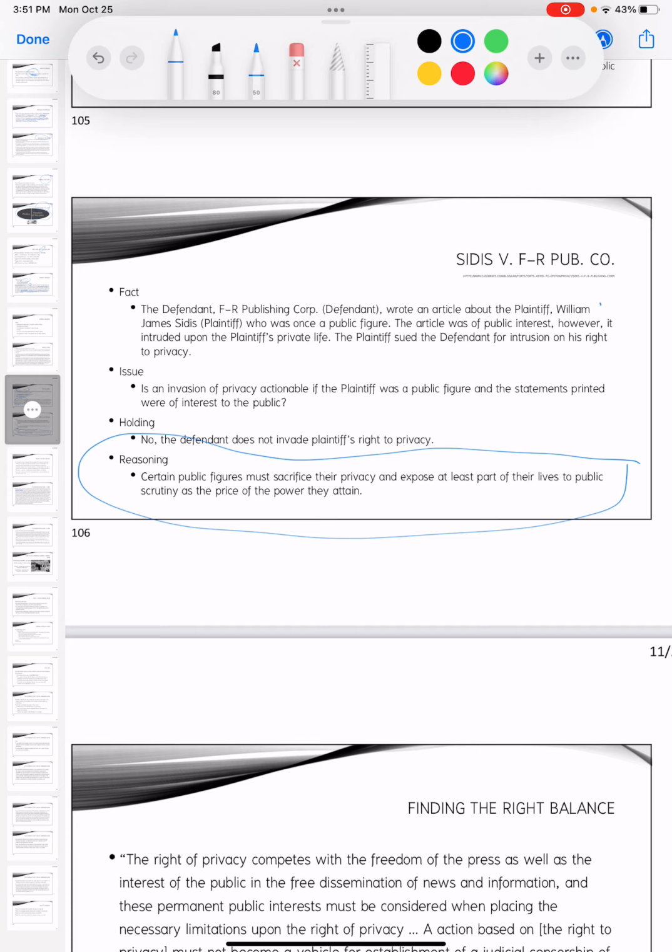As a public figure, you must sacrifice a part of your life, a part of the privacy that you have, as the price to pay when you obtain power, like being a public figure. And to be a public figure is sometimes not from your consent. Sometimes you are, I would say, unconsciously going to be a public figure.